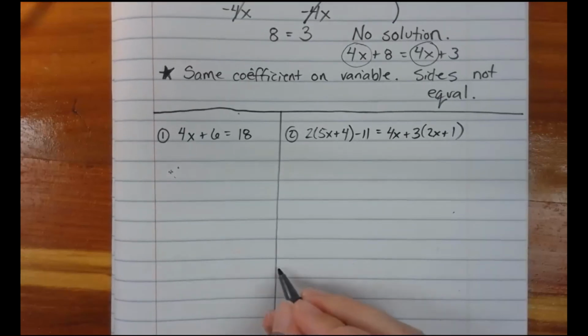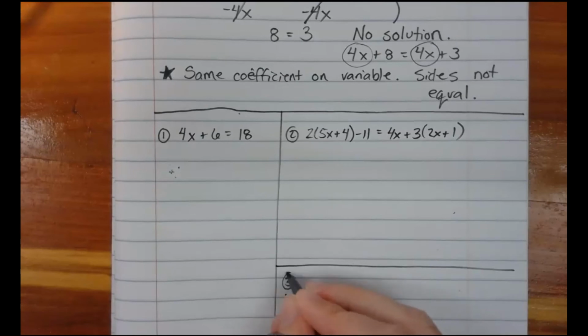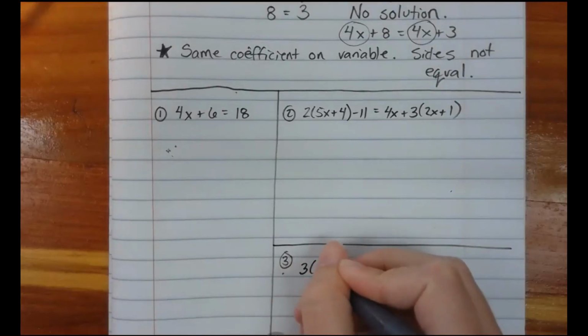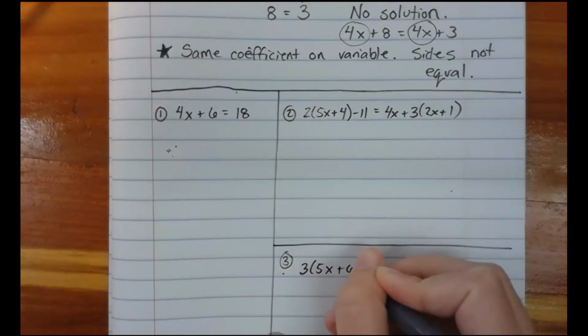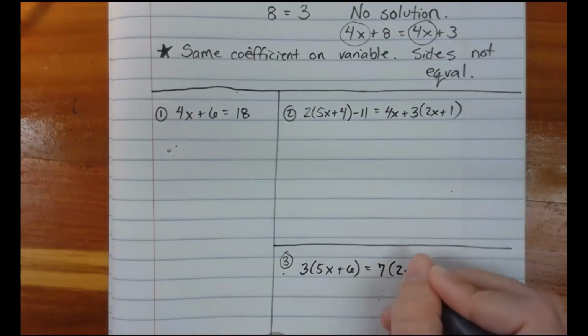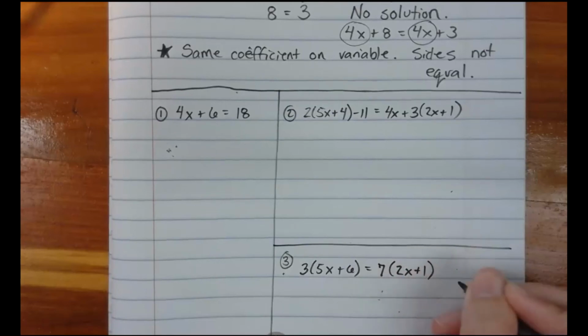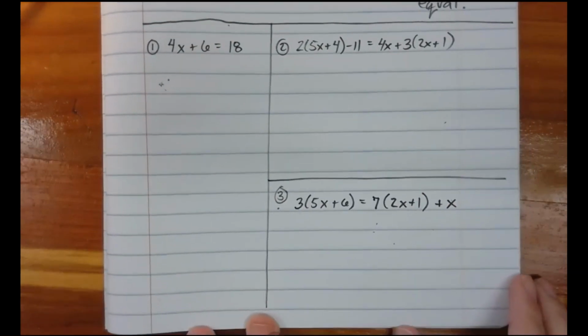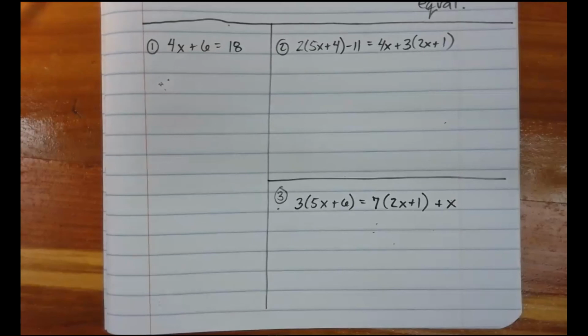Example number 3 for you to try on your own is going to be 3 times 5x plus 6 is equal to 7 times 2x plus 1, plus x. All right, so go ahead and pause the video. See if you can figure out which one is one solution, which one is no solutions, which one is infinite solutions, and then I will come back and we'll check.